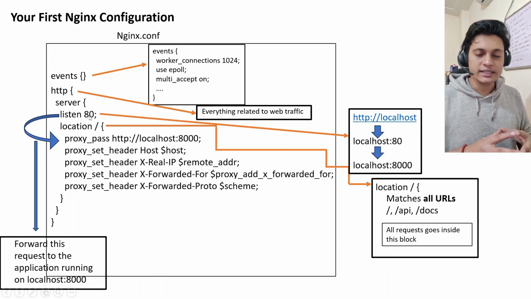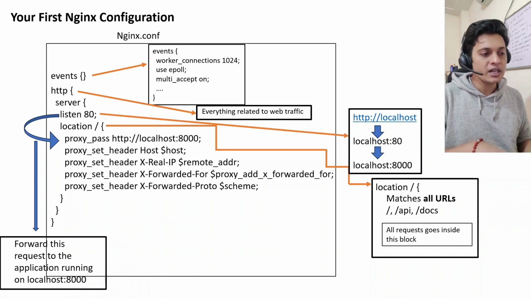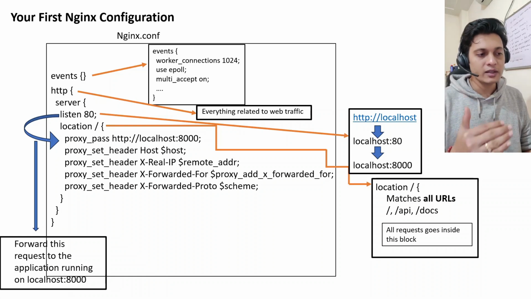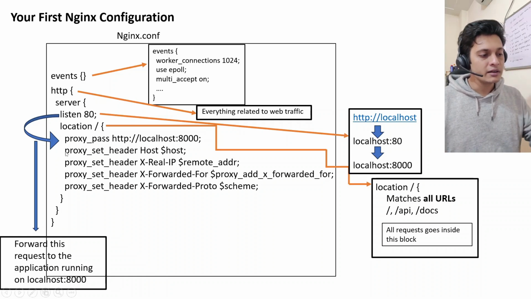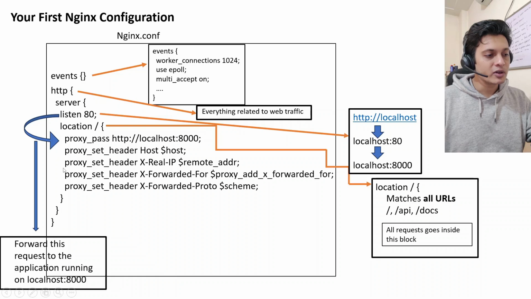Localhost is the same for listen 80 and localhost 8000, but right now I'm creating a proxy. So this 8000 I don't have to write if I'm making the HTTP request.